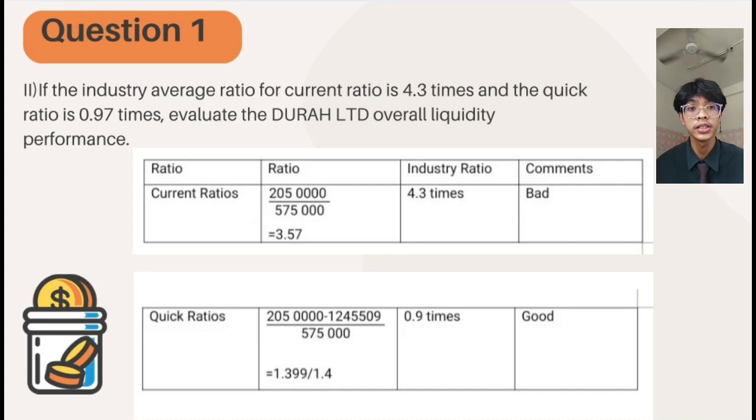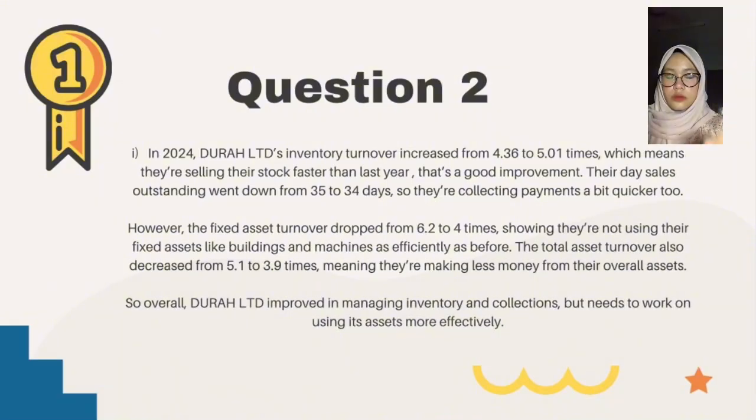In other words, they have more readily available liquid assets, like cash and receivables, to pay off short-term debts, even if the inventory isn't sold. This is a very good sign, which tells us that Dura Ltd is in a better short-term cash position than many of its competitors. So in this case, the comment is good.